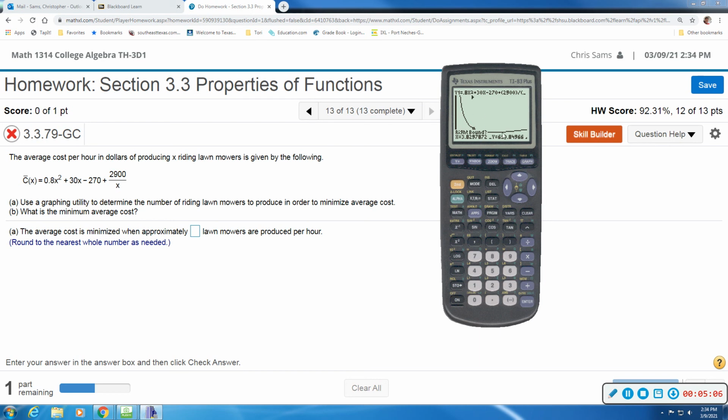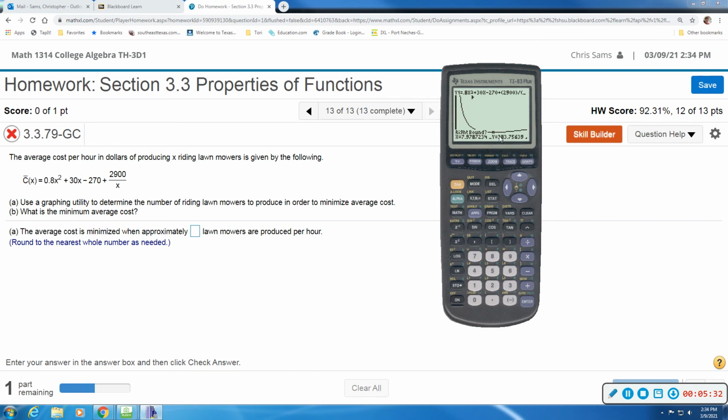Now it asks me right bound, so I'm going to arrow to the right, watching my Y value. I'm wanting it to decrease, and when it starts increasing, I know I've passed the low point. So I'm going to arrow right, going from 500s to the 400s. Now I'm in the 300s, 380. It's slowing down, 383. Now I went back up to 384. So let me go back. I'm arrowing to the left.